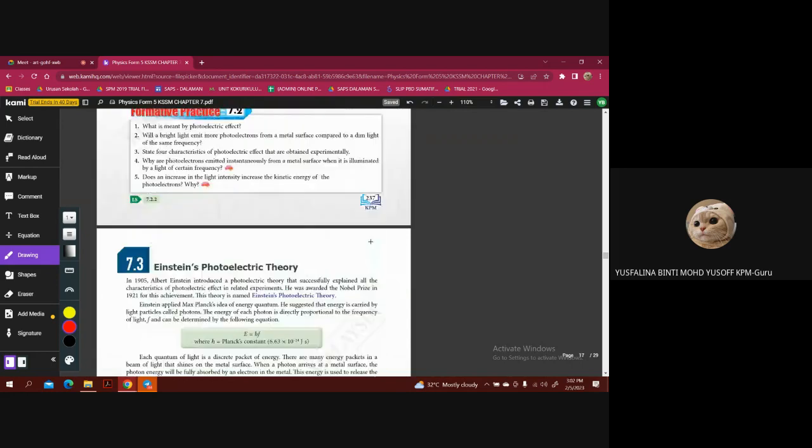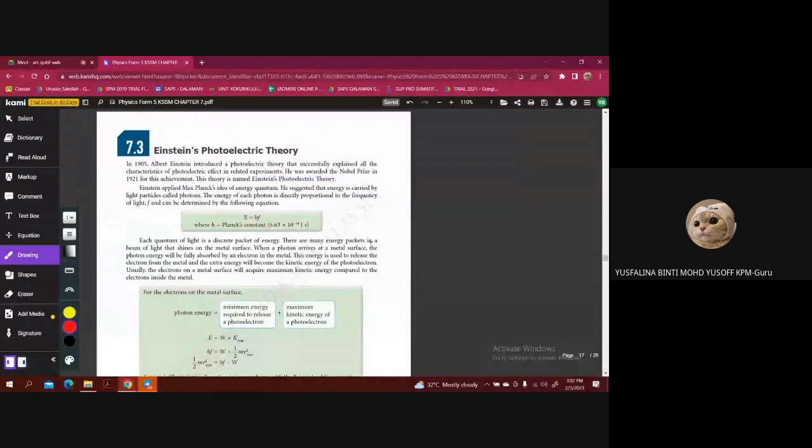Okay, the next part, the last one, is the Einstein photoelectric theory. So this is the last part. I think 5M has one more subtopic, then the rest, 5S and 5K, already finished. So we can start our discussion. So, Einstein photoelectric theory.